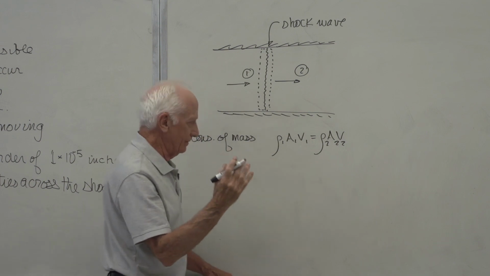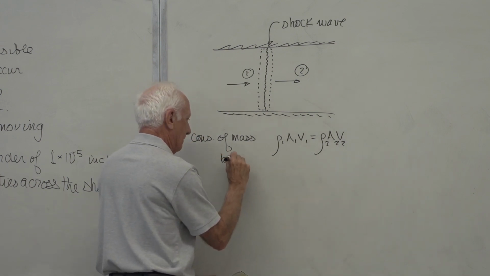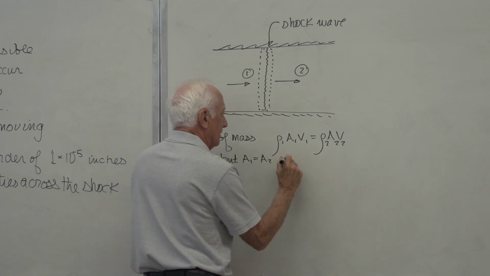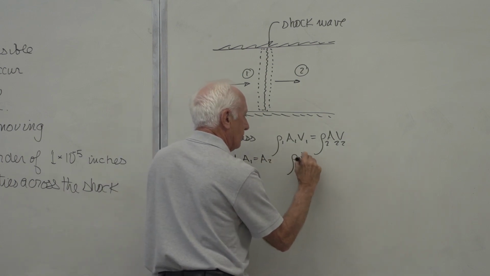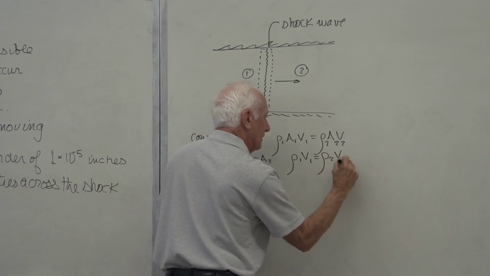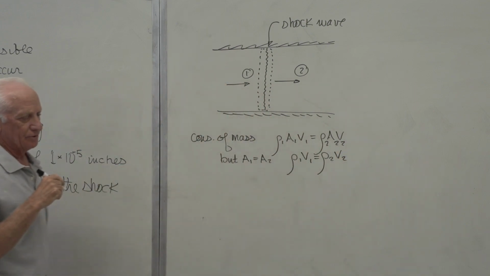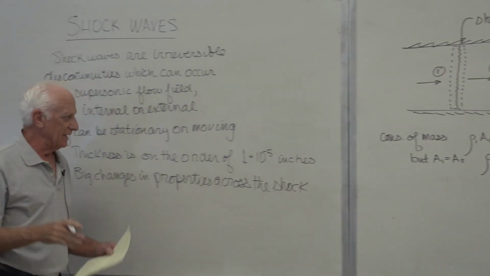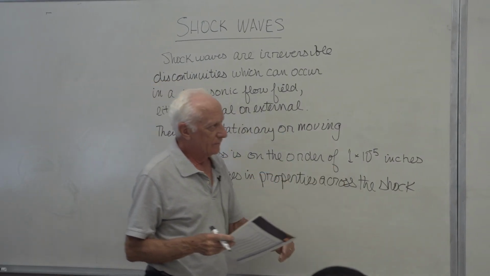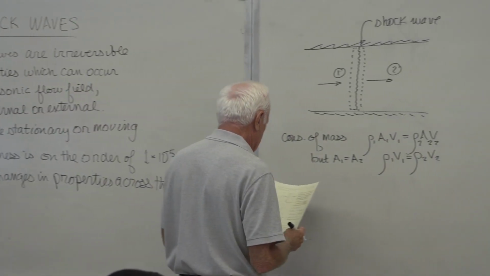But the areas are the same, so continuity: rho 1 V1 equal rho 2 V2. The area on both sides is essentially the same because it's so thin, 1 times 10 to the minus 5th inches. All right, that's conservation of mass.